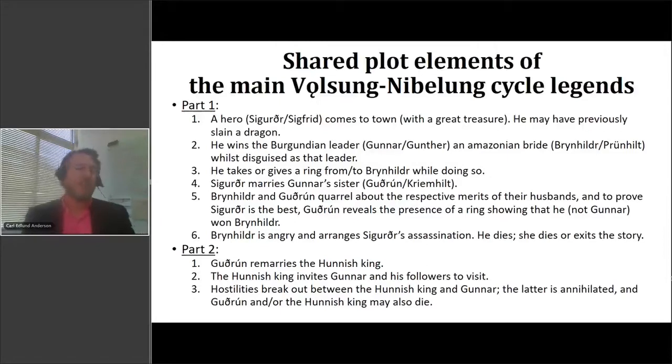But in any case, a hero acquires a great treasure and comes to town. Then the trouble really begins. The leader of the Burgundians, Gunnar in Scandinavia with the cognate name Gunther in Germany, wants to acquire as a bride a lady with a rather Amazonian disposition. She's called Brynhilde in Scandinavia and has a similar cognate name in Germany.